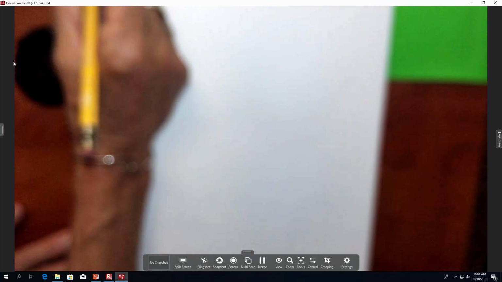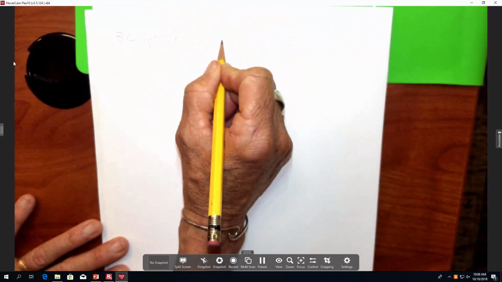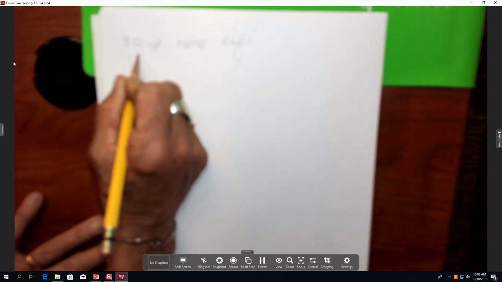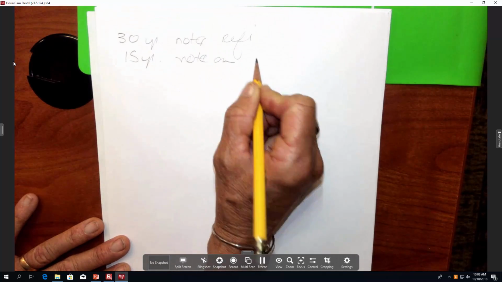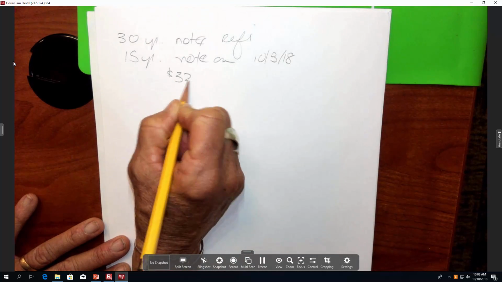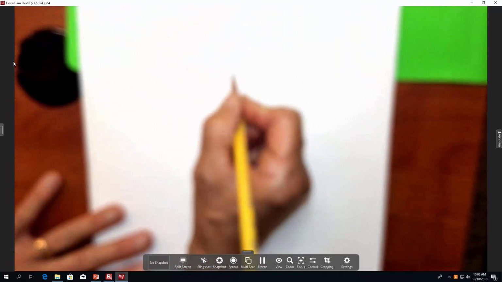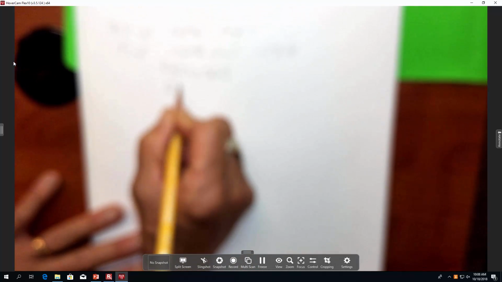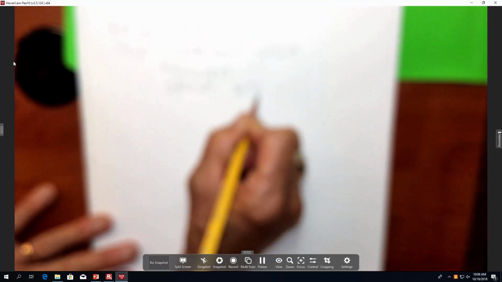So I take a 30-year note and refi a 15-year note on 10/3/18. It's a $326,000 mortgage, and I pay 2 points to buy the mortgage down to 3%.